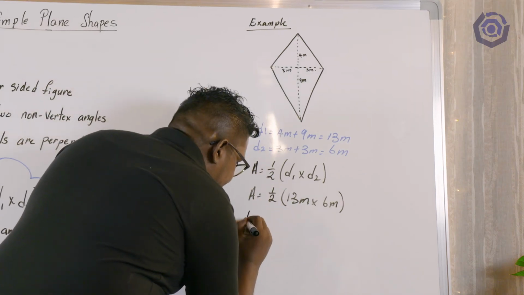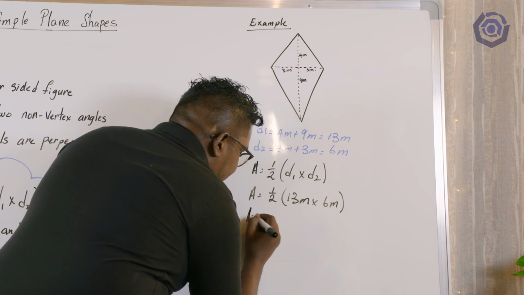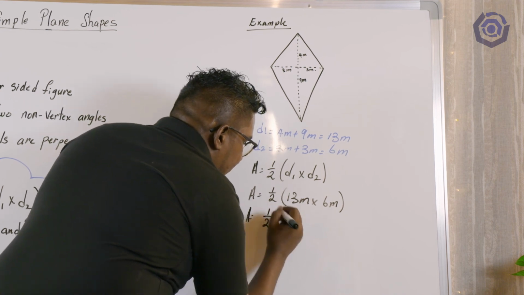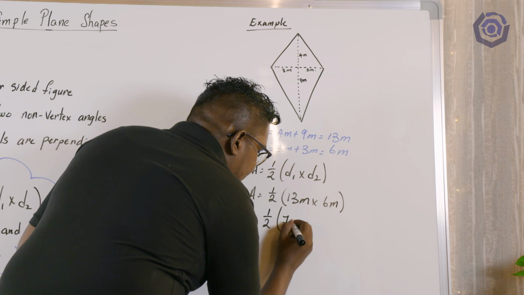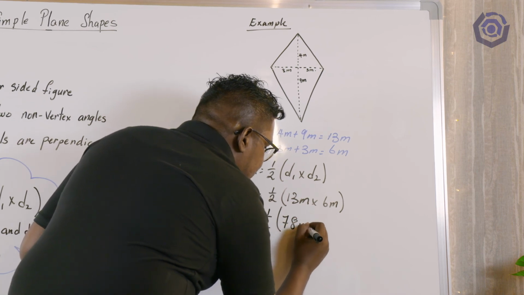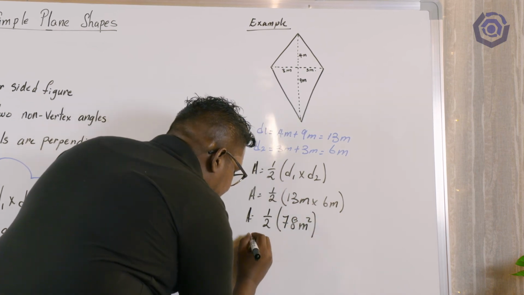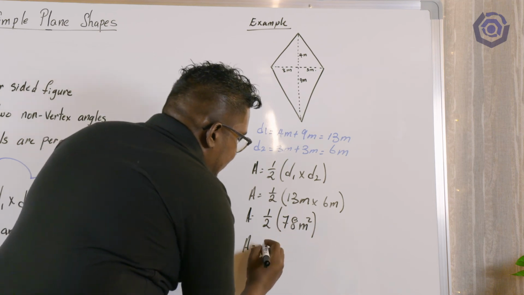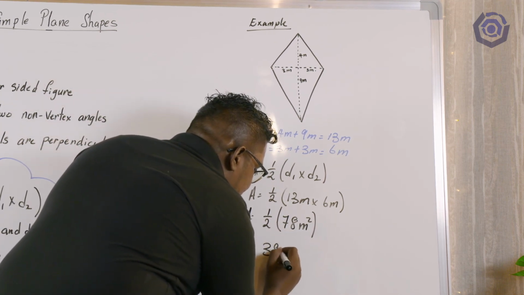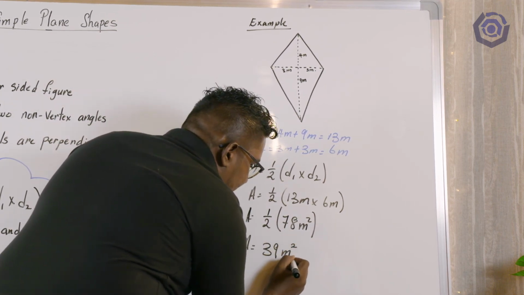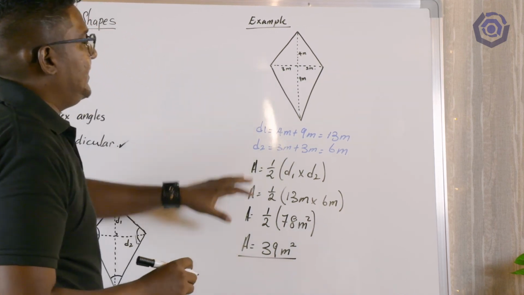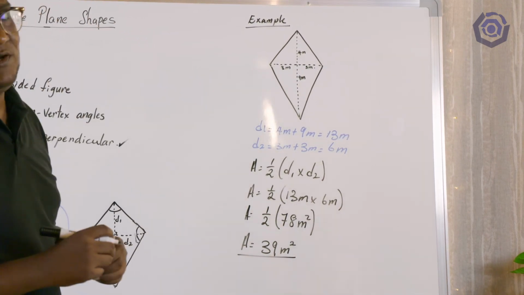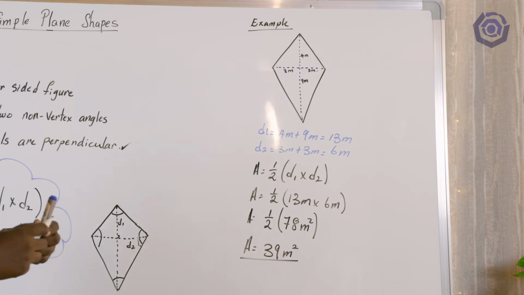So we have A is equal to a half of 78 meters squared. So A is equal to a half of 78, which is 39 meters squared. And this is how you find the area of a kite given our two diagonals.